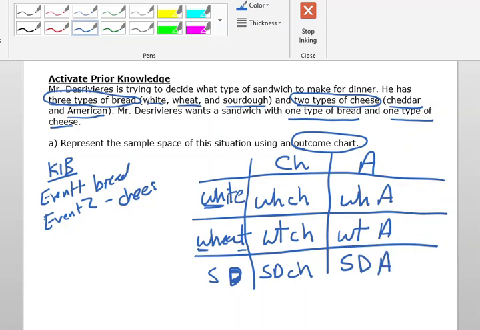So I have this sample space, and what that tells me is that these are my 6 possible options for a sandwich if I want to use 1 type of bread and 1 type of cheese. Make sure you have that in your notes.